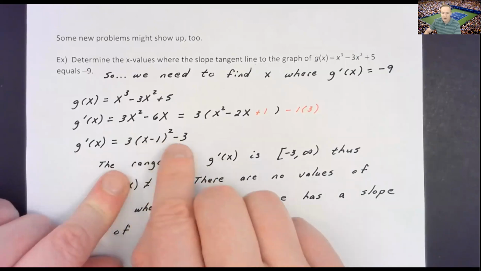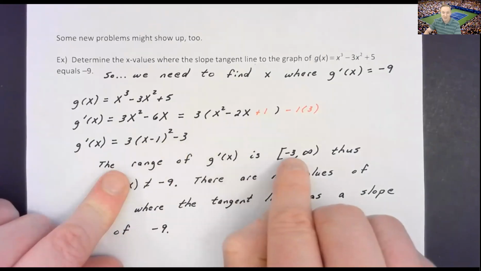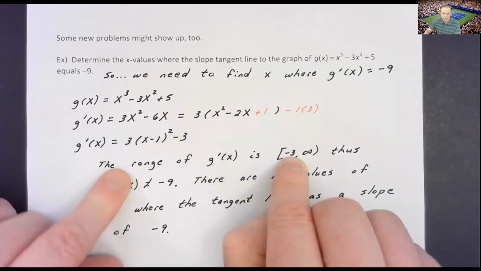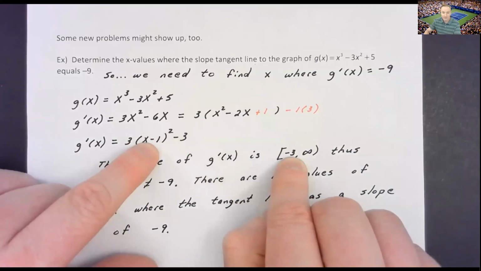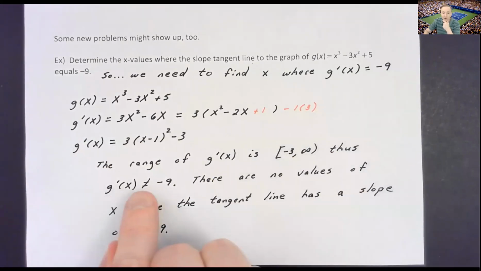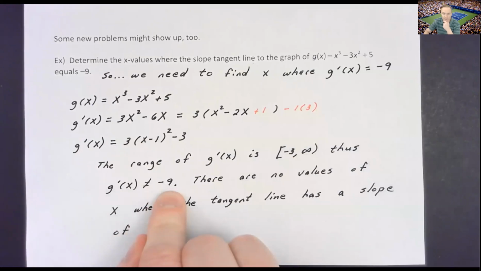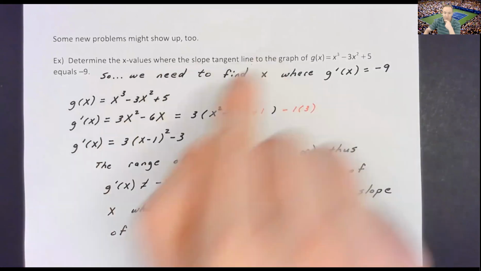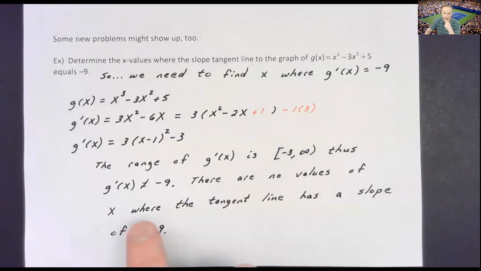So g prime of x is going to have a range that starts at -3 when x is 1. After that, it's going to go up on both sides. So I know that g prime of x could never equal -9. All right. Then that tells me, to answer this question, there are no values of x where the tangent line has a slope of -9.